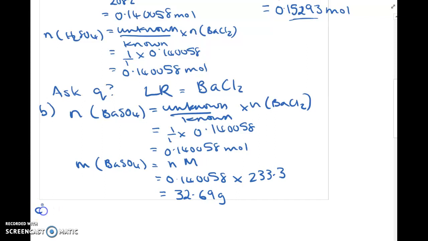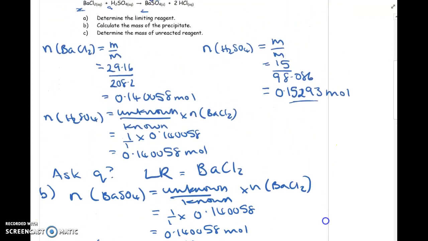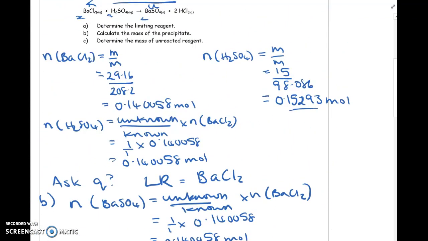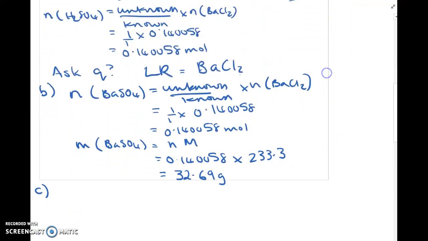Let's do part C. Now in part C it says determine the mass of the unreacted reagent. Well, our unreacted reagent, the one in excess, is sulfuric acid. So in order to find out how much sulfuric acid is in excess, we need to know exactly how much sulfuric acid was used before we can do that.